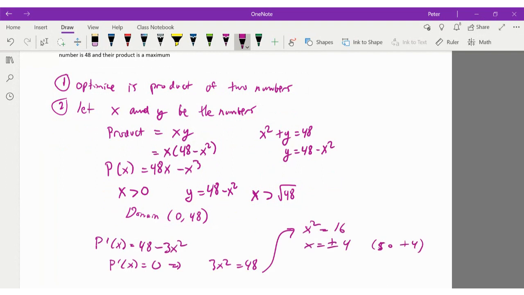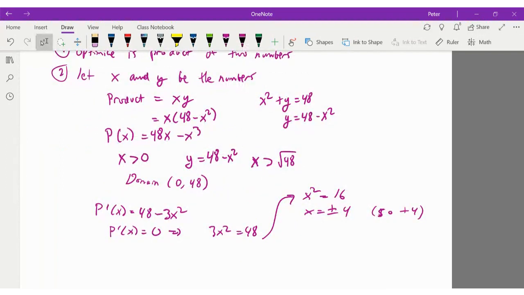So we know that the two numbers are going to be x equals 4 and y equals 48 minus 4 squared, which is, sorry, 48 minus 16. So 4 and 32 are the numbers.